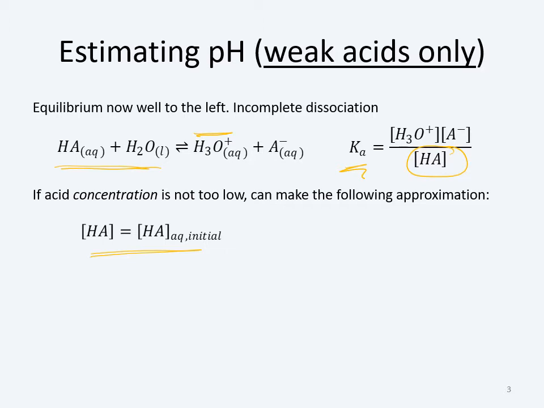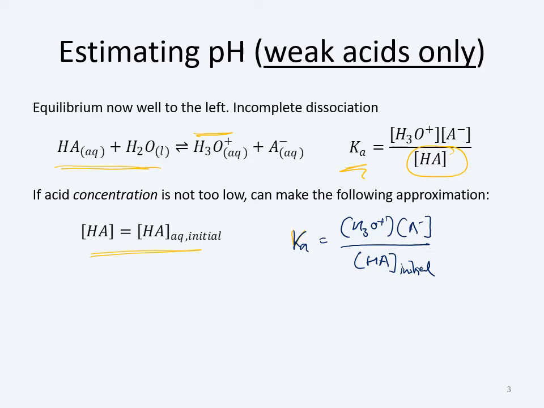In other words, we're making the approximation that actually very little of the acid has dissociated, okay? And if we do that, we can rewrite the equilibrium equation as Ka is equal to the concentration of H3O plus times the concentration of A minus over the concentration of HA initial. Yeah, that's the first thing we do.